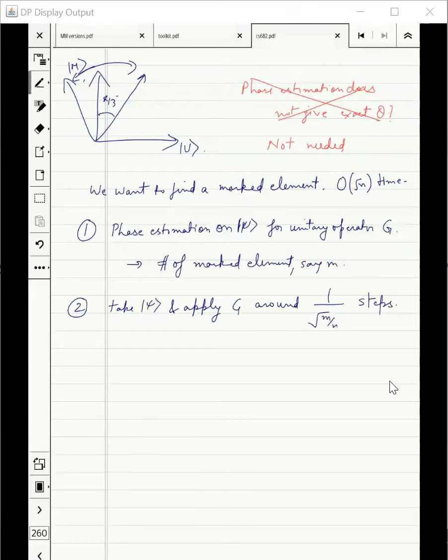That would be these many steps. Agreed? This is our strategy. Now can you see what can be a problem?